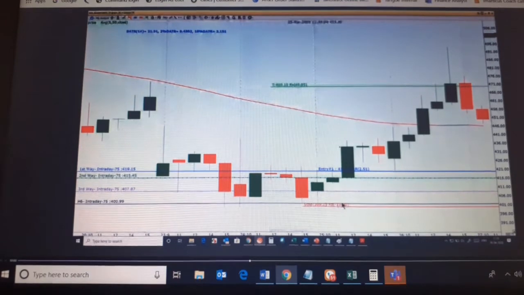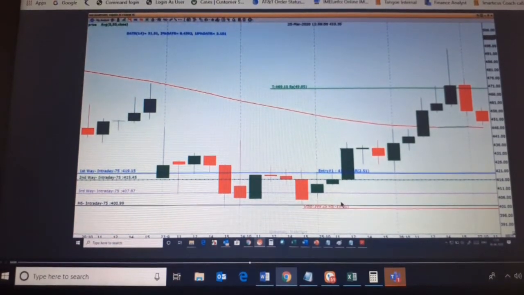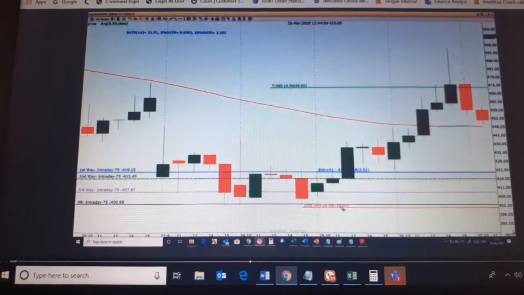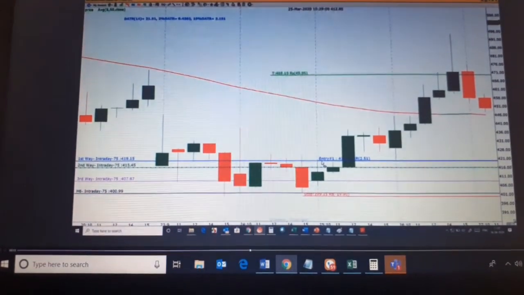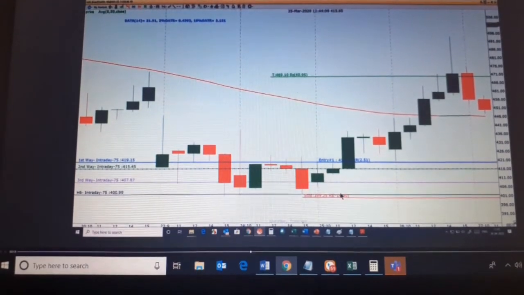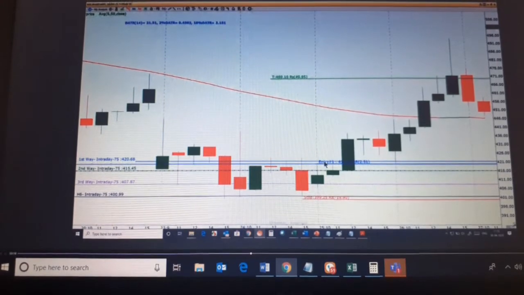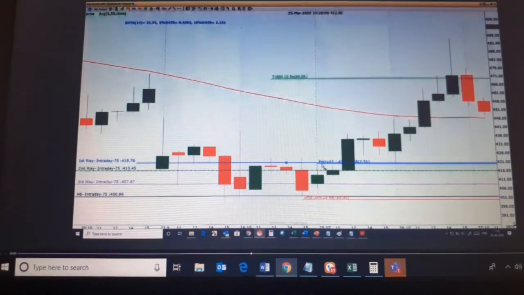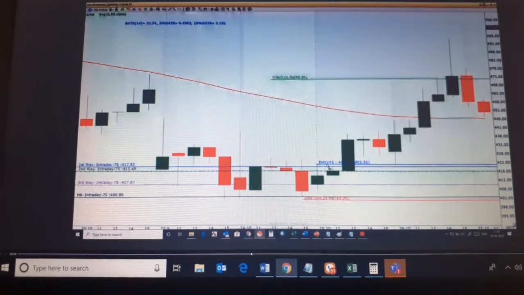Can everybody see this? 19.90. So this is the risk involved if we draw the proximal line through the first method. Now let me shift this entry line to the second method over here.